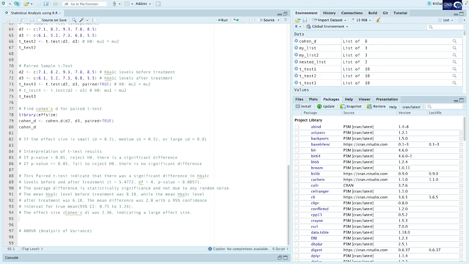Now we will just talk about ANOVA first, and then we will move to other things. ANOVA is a statistical method, as you know, that is used to test whether three or more group means are significantly different.